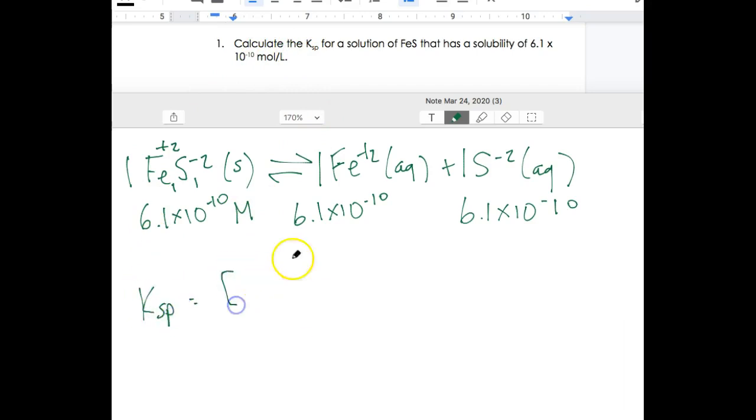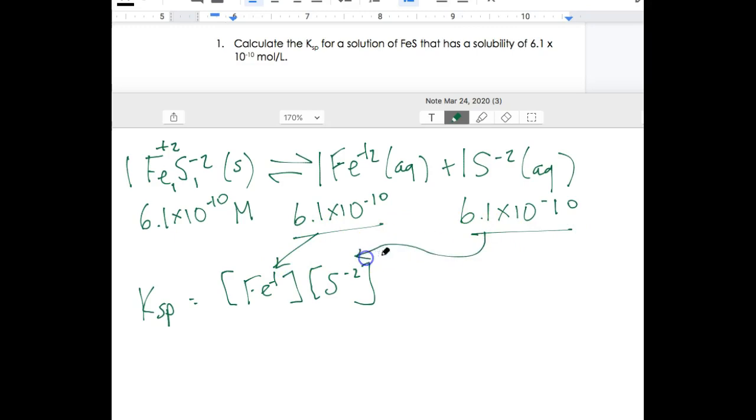We know KSP is the products times the other product, right? They're both aqueous. And then solid, you don't include it. So because we know these guys, we could just plug them in.